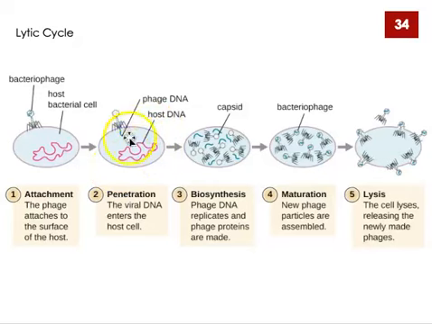It's going to copy it. It's going to make proteins from it. It's going to build new viral particles. You're going to get new bacteriophages, in other words, built inside the host cell. And when the time is right, those bacteriophages are going to lyse the host cell and exit. The host cell then dies because of that lysis, because the membrane gets broken.